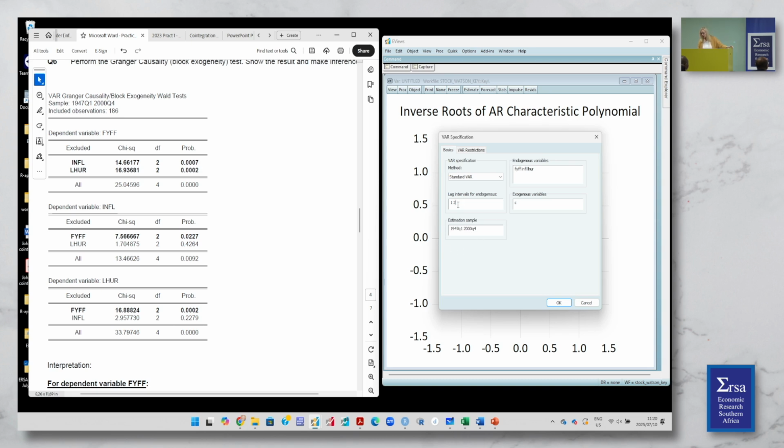If you want to have 6 lags, you will change that to 1 space 6. So that will include 6 lags, 1 space 2 will include 2 lags. So this will still be a standard or reduced form VAR. Other options are a VEC-M, a Bayesian VAR, a switching VAR, a mixed frequency VAR, a whole lot of options there.